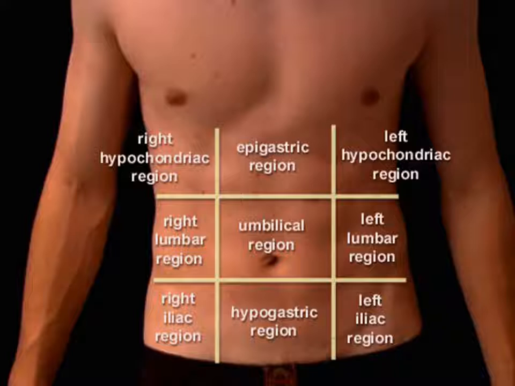So we divide the entire abdominal wall into 9 regions: right hypochondrial, epigastric region, left hypochondrial, right lumbar region, umbilical region, left lumbar region, right iliac fossa, hypogastric region, and left iliac fossa. Each of these regions has a certain anatomical position.